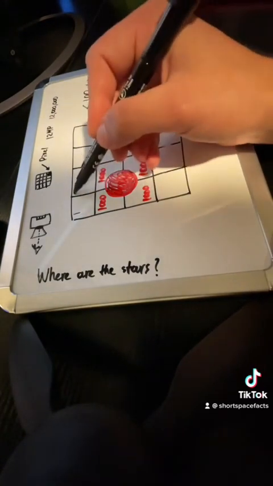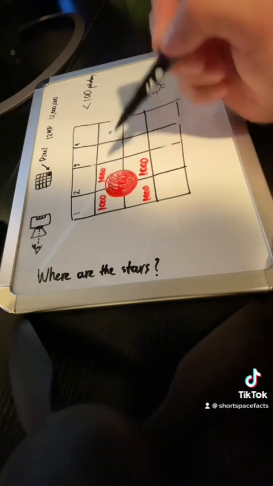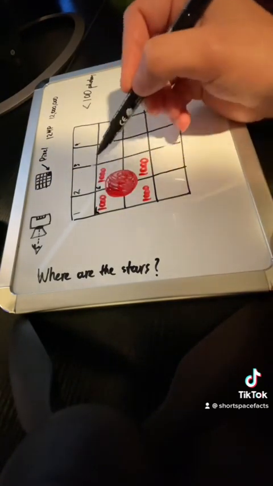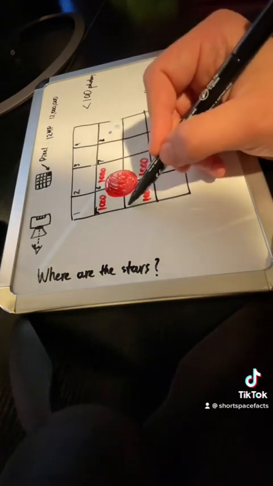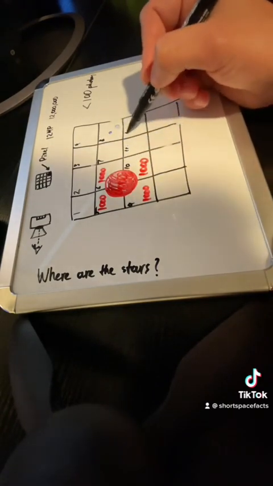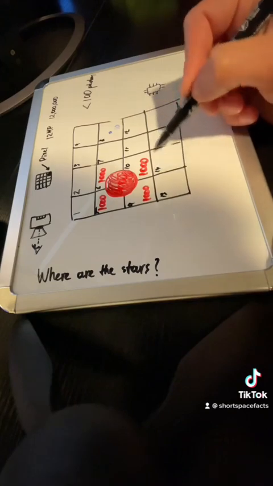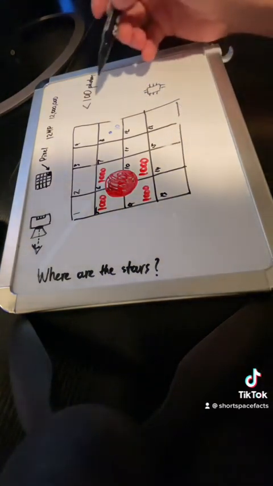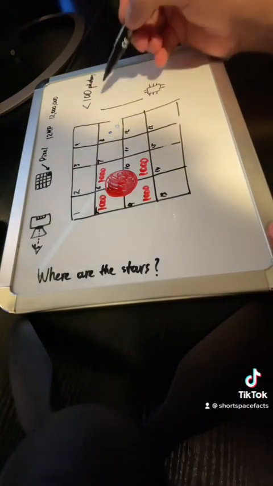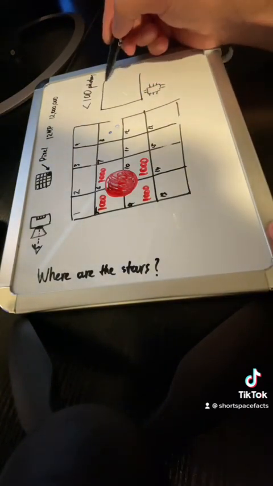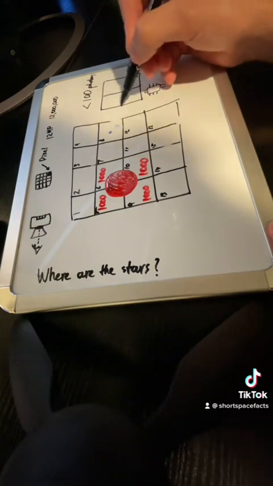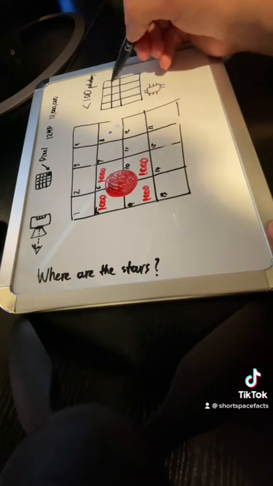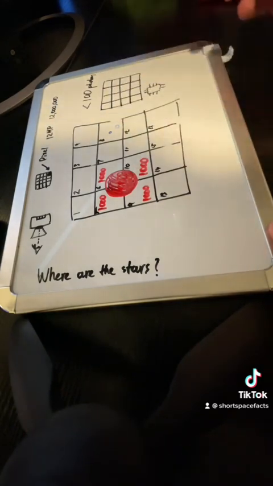So this is cell 1, 2, 3, 4, or pixel. 5, 6, 7, 8, 9, 10, 11, 12, 13, 14, 15, 16. And the resulting image is then either stored in the memory or projected onto display.